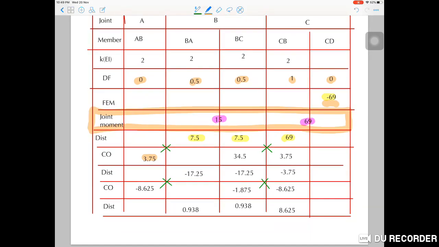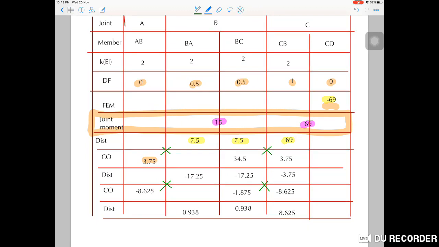So we carry the value to B to A, B to C, and C to B. We get 7.5 divided by 2, which is 3.75 at AB as well as at CB, and 69 times 0.5 is 34.5.